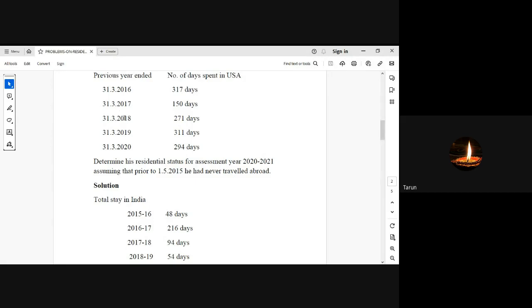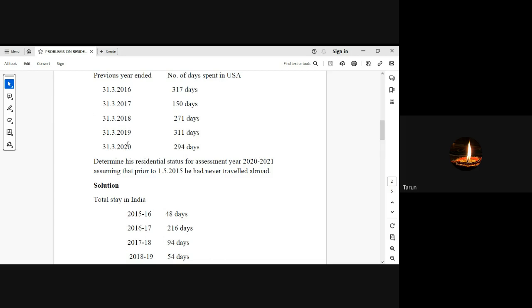Same in the third category: 2018 is the ending year and 2017 is the beginning year, that is 1st April 2017. So 2017-18, 2018-19, and 2019-20 is the previous year.